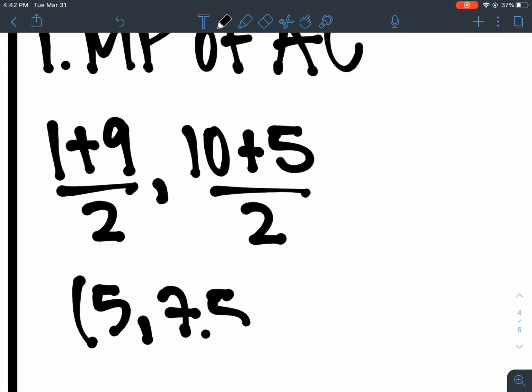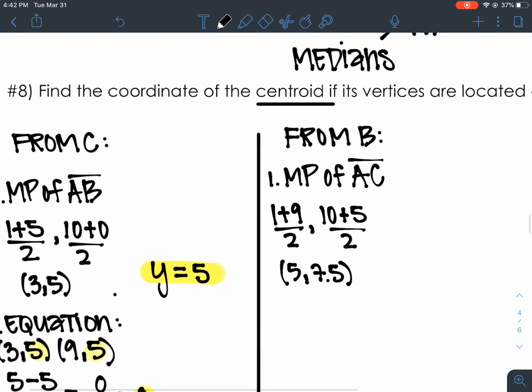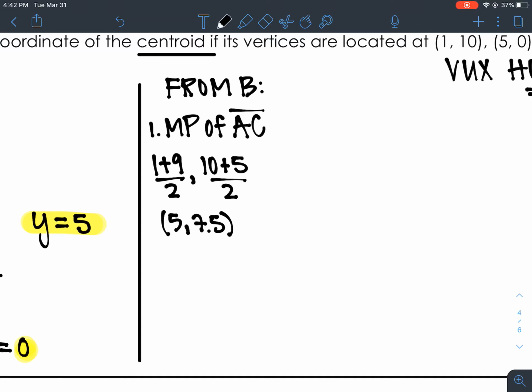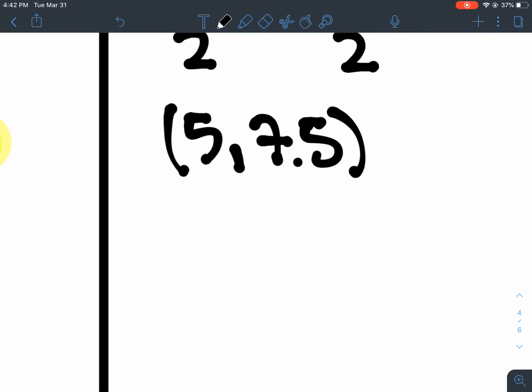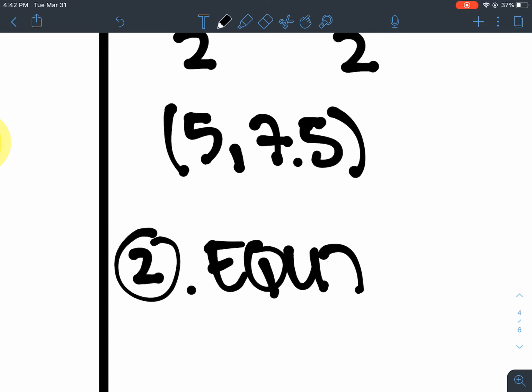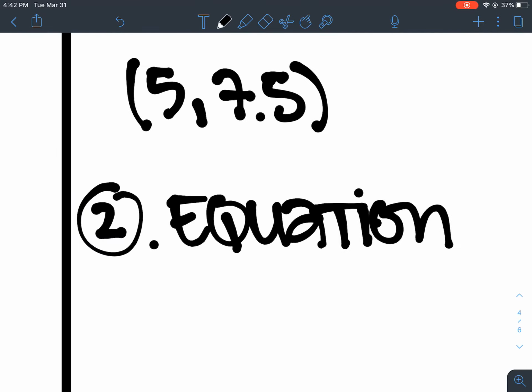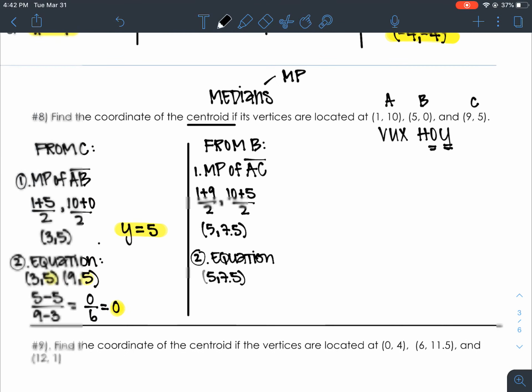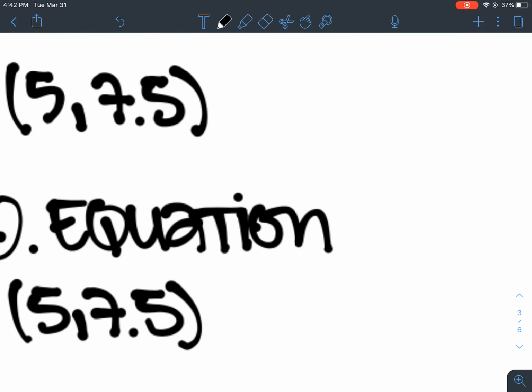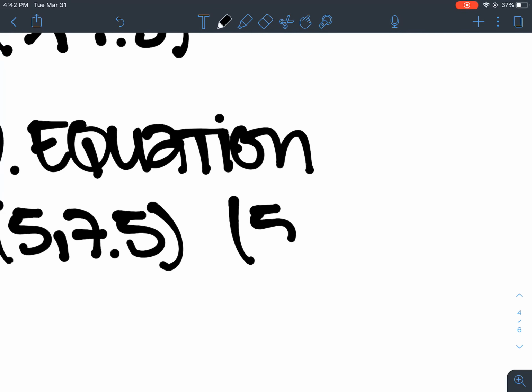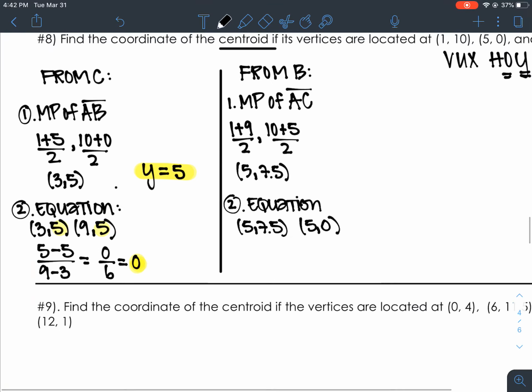And so, like I said, you're not going to be able to get rid of the decimals in every case, okay? But I'm now going to have to find my equation. And this time I'm using my midpoint of 5 comma 7.5 and point B, which is 5 comma 0. Okay.